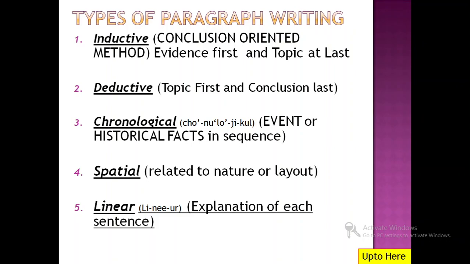Is that clear? That's why I wrote this in the parenthesis, explanation of each sentence, where you are providing extra sentences to explain all the sentences which you wrote to say something about an idea. Is that clear?